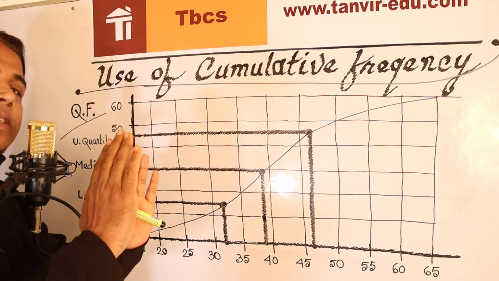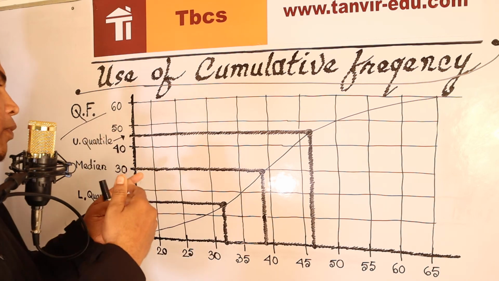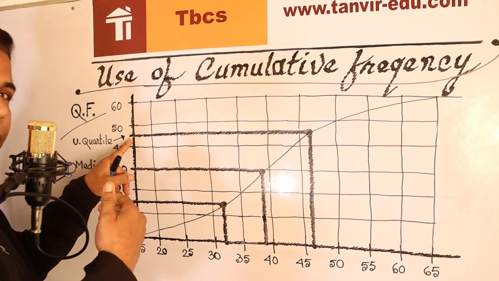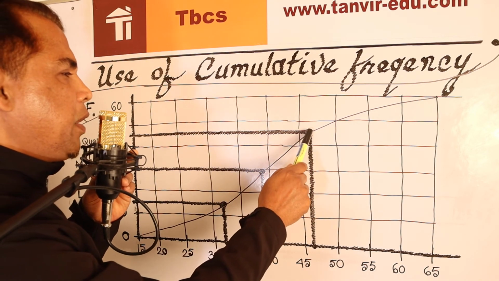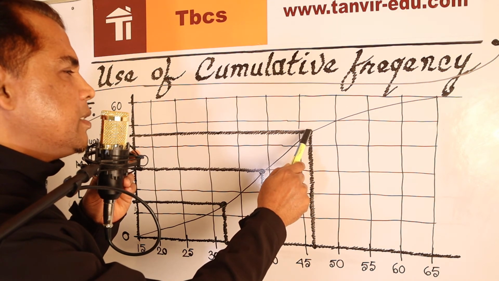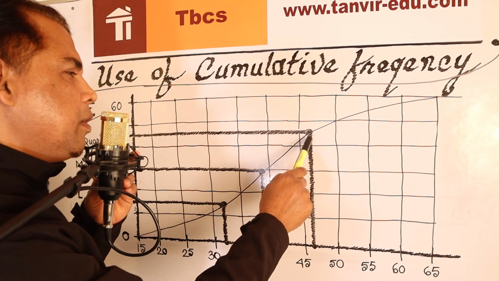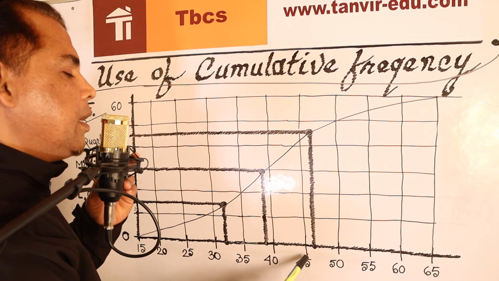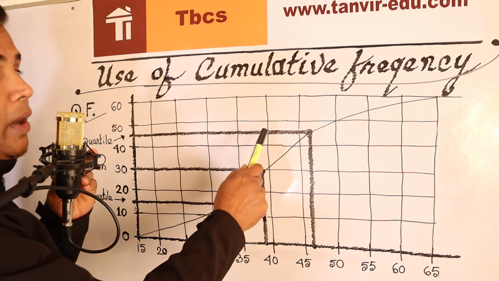If you divide the 60 into 4 portions, the first portion is 15, the second portion is 30, the median, and the last portion is 45. So from the 45, which point over the graph does it match? This is the point that matches, right? From the point to the information line, we are getting 46. So 46 is the upper quartile.